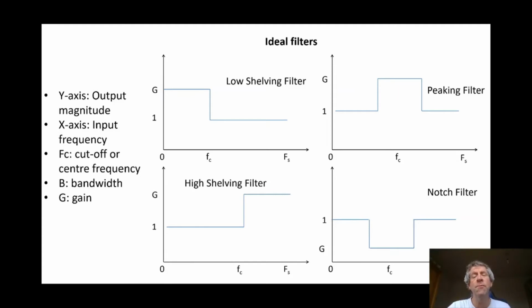High shelving filter is the same idea, only now the boost or cut is happening just at the high frequencies. The peaking filter is the same idea as well, only now this boost or cut is happening just over a frequency band.